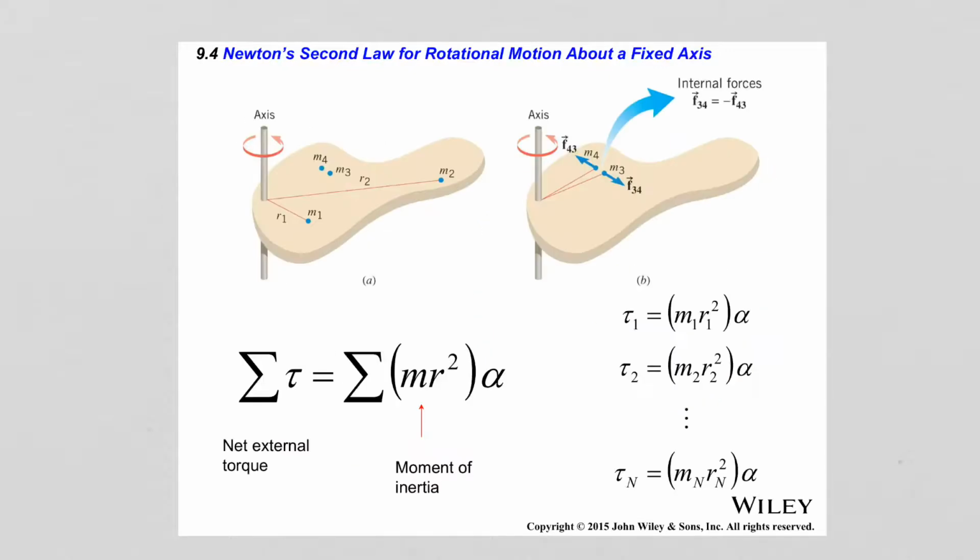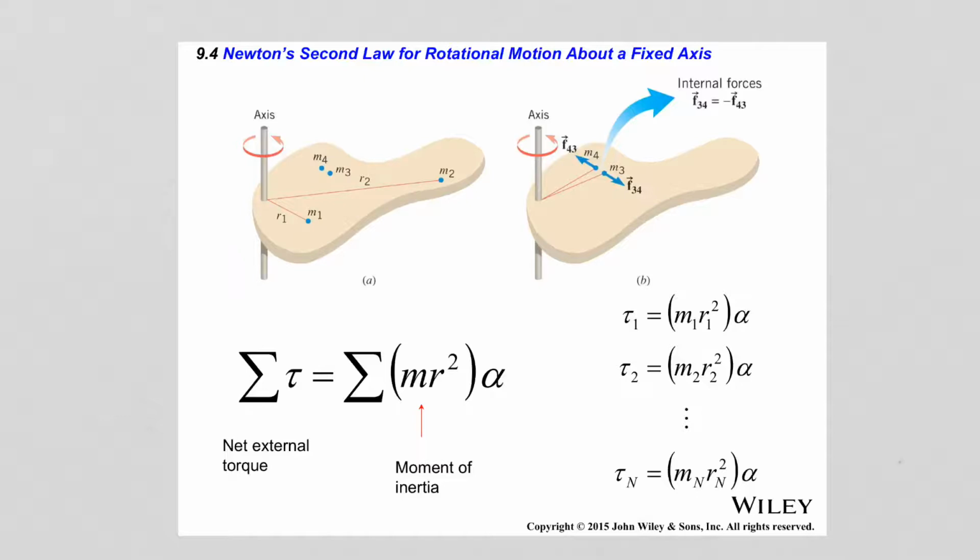So here is my rigid body. It's just a randomly shaped slab of material that rotates about a fixed axis that passes right through here. And so this rigid body is made of multiple particles with different masses and located at different distances from the axis of rotation.